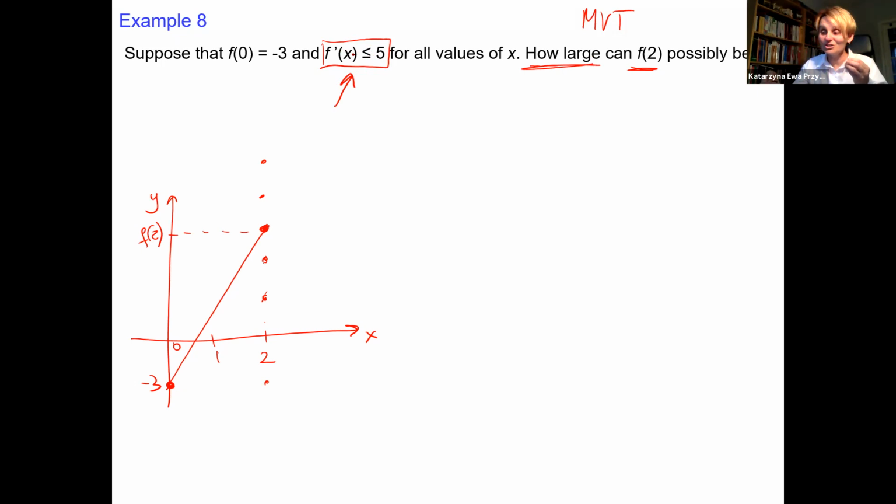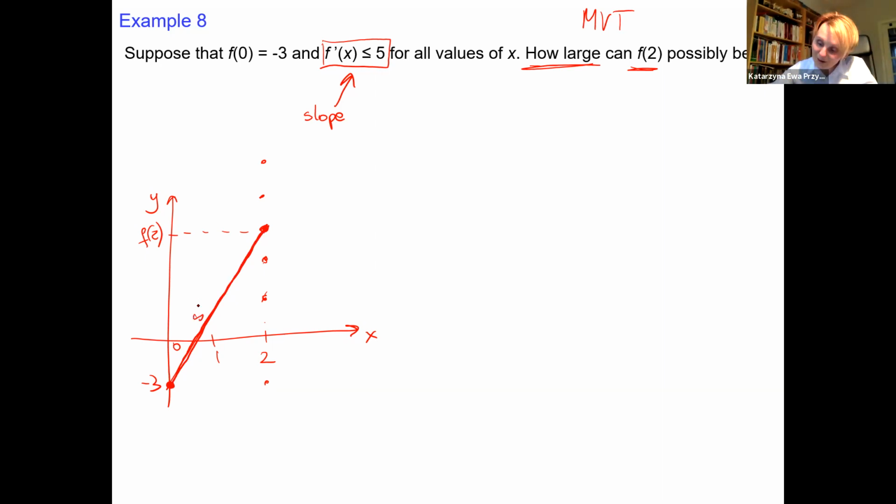What is the largest value of this derivative? The derivative is 5 or less. That means 5 is the largest value. This is telling us the derivative, but this is also telling us the slope of that tangent line and that secant line. It means the largest slope that we can get is 5. Any other one is less than 5.